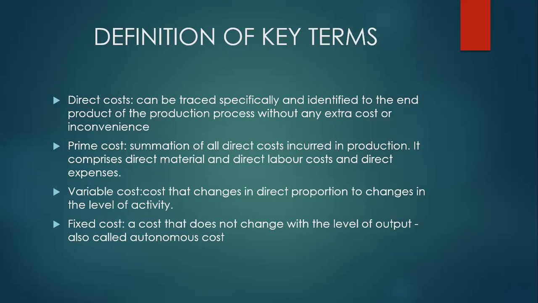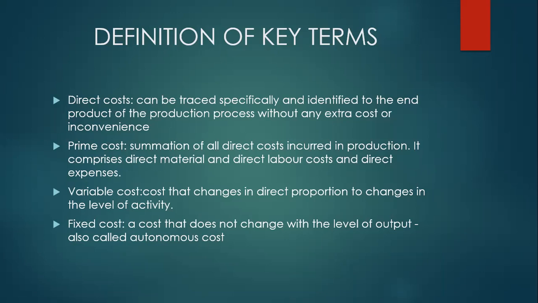Variable costs, these are costs that change in direct proportion to changes in the level of activity. Now we say something is variable. It means that it is directly proportional to the activity you are undertaking. So if your facility takes care of 100 patients in a week, and the cost increases anytime an additional patient is taken care of, then that becomes a variable cost.